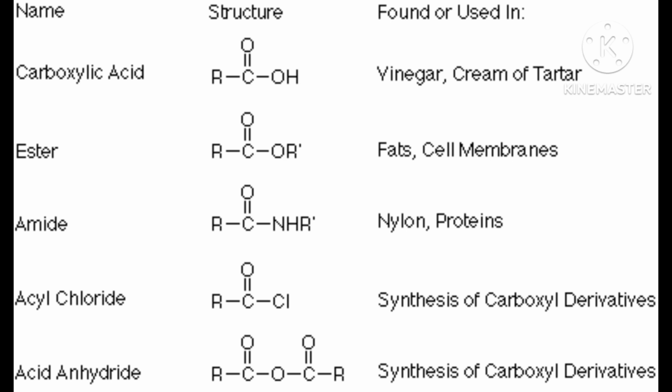How will you give the numbering? How will you tell which one is alpha, beta, gamma, and delta? Delta will come when you take butane. If the aldehyde group is attached to butane, then delta also will come. But here it is propane, so only three positions, alpha, beta, gamma, will come.